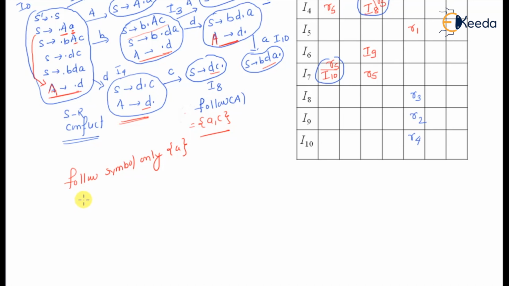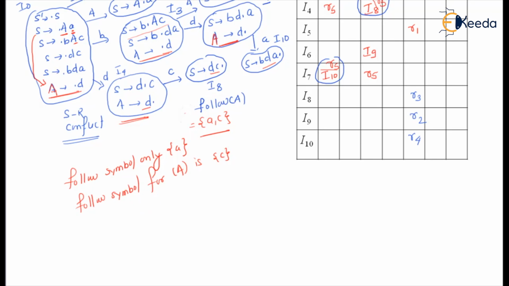This time the dot is in front of this capital A, and here the follow symbol for capital A is C.